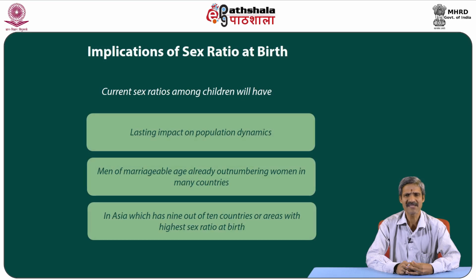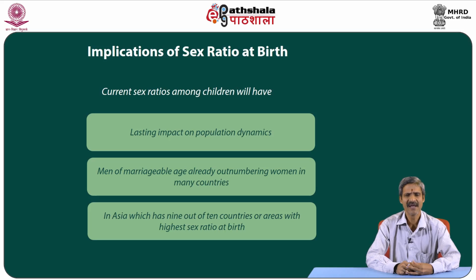What are the implications of sex ratio at birth? The current sex ratios among children will have a long term impact on the population dynamics of the country, with men of marriageable age already outnumbering the women in many countries. This will be a crucial issue to be addressed.